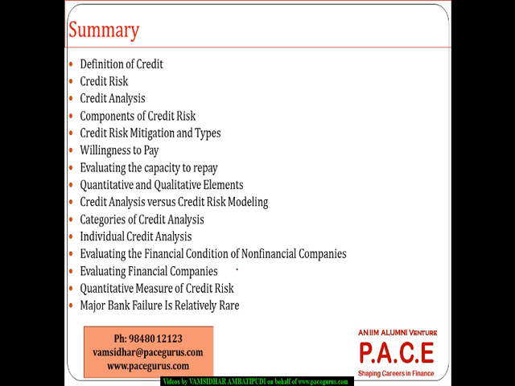And we are looking at the quantitative measure, meaning what are the different components that go into the quantitative measure of risk, and how do I differentiate between a bank failure versus bank insolvency. So this is what I really wanted to offer as a part of this chapter.